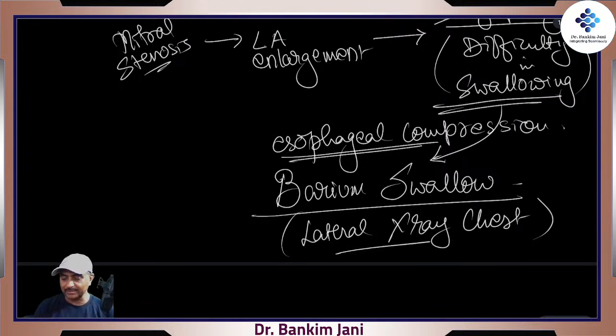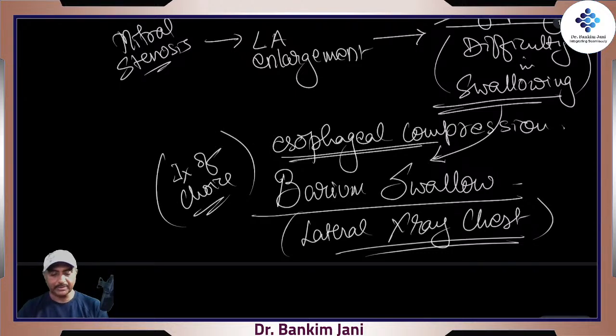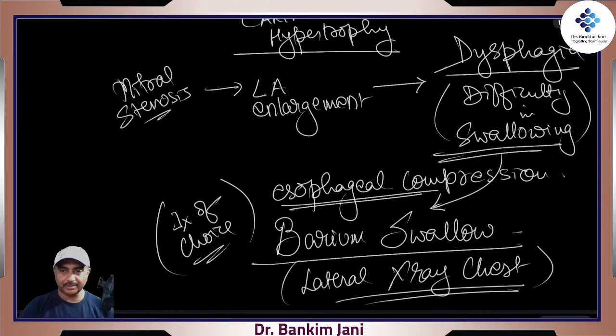Barium swallow is the investigation of choice when the patient has dysphagia and left atrial enlargement, maybe because of mitral stenosis. We'll also cover where exactly you should auscultate in mitral stenosis.